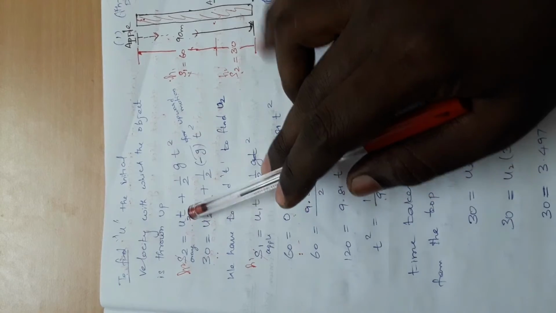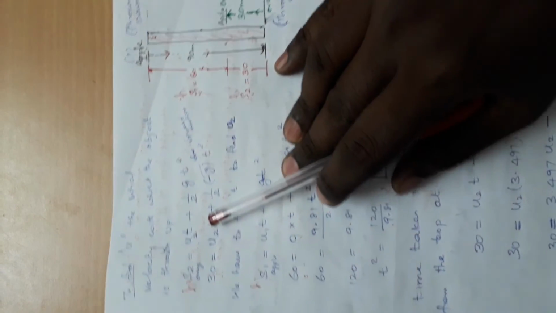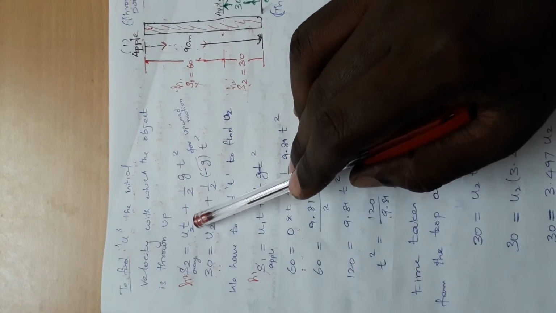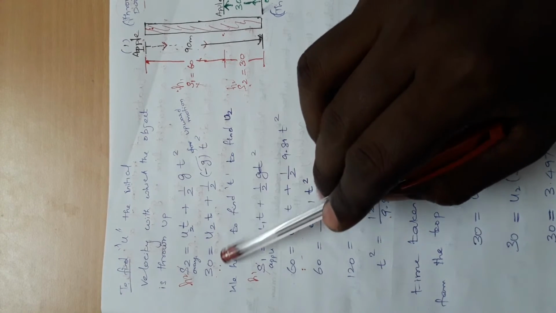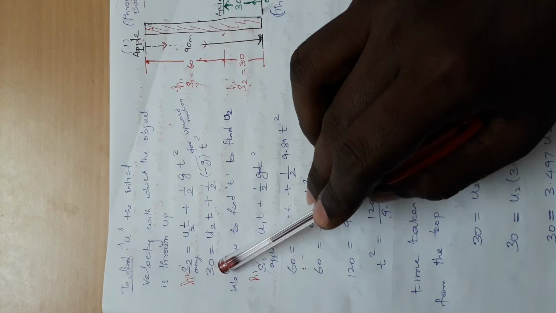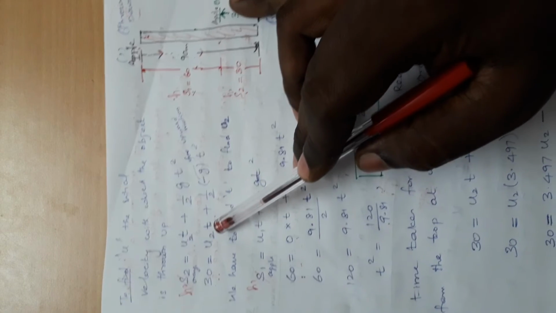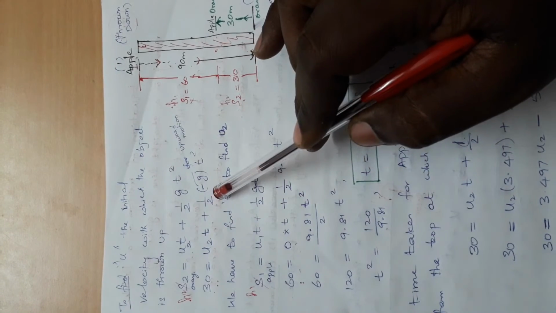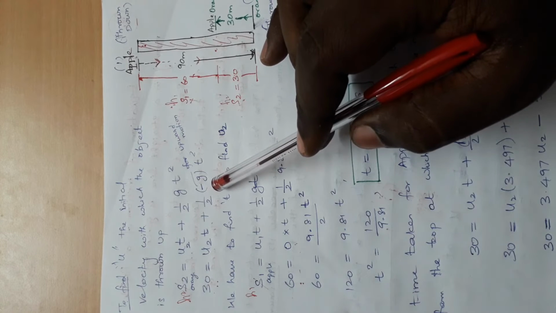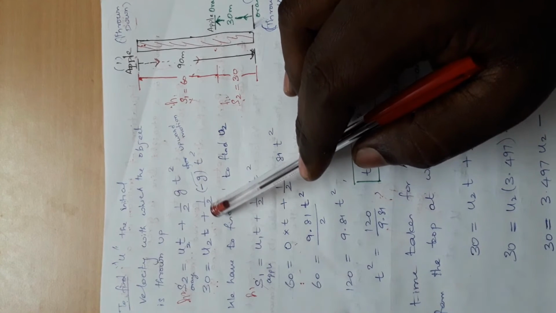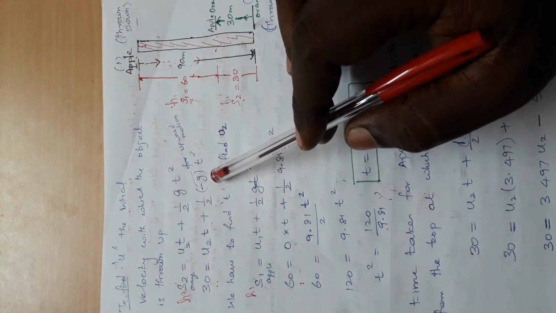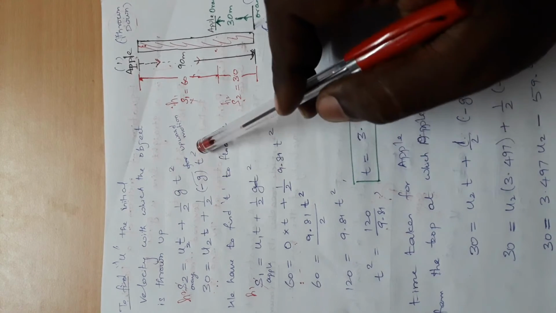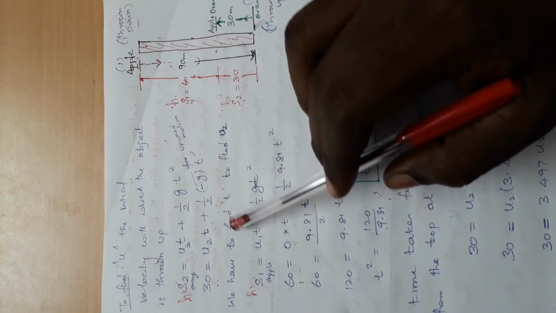h2 is equal to, that is orange. When the orange is thrown, h2 is equal to u2t plus half gt square. The distance travelled by the orange is 30. Instead of a we are using minus g, because it is an upward motion.